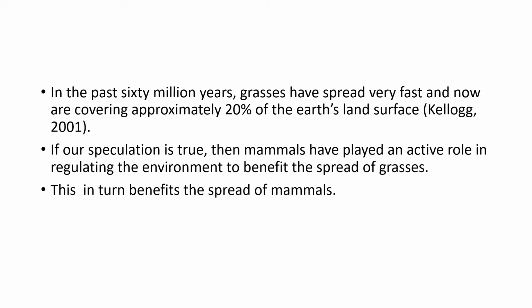If our speculation is true, then mammals have played an active role in regulating the environment to benefit the spread of grasses. This in turn benefits the spread of mammals.